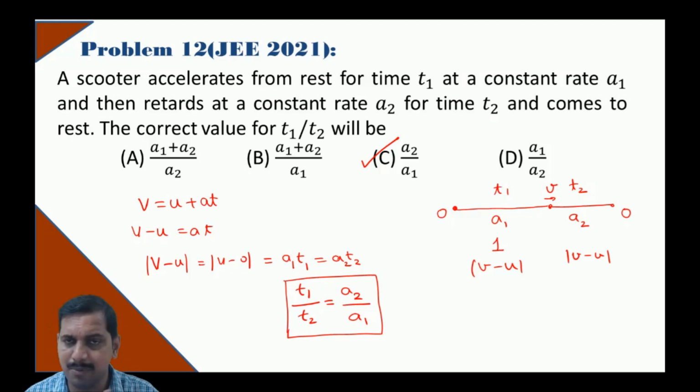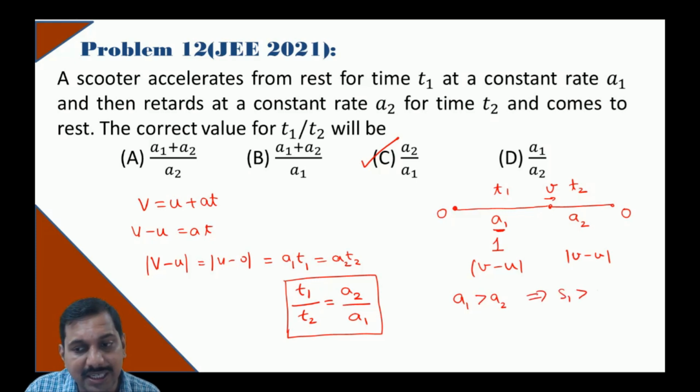Now here, the distance by which it goes, what does it depend upon? Does it depend on acceleration? For example, if a1 is greater than a2, does it imply s1 is greater than s2? Or if a2 is greater than a1, does it mean s1 is greater than s2?